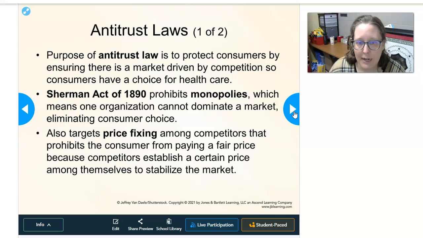And so the Sherman Act of 1890 prohibited monopolies, which means that one organization cannot dominate a market, which eliminates consumers' choice, and then they can do price fixing. It also targets price fixing among competitors, which prevents a consumer from paying a fair price because the competitors establish a certain price amongst themselves to stabilize the market.